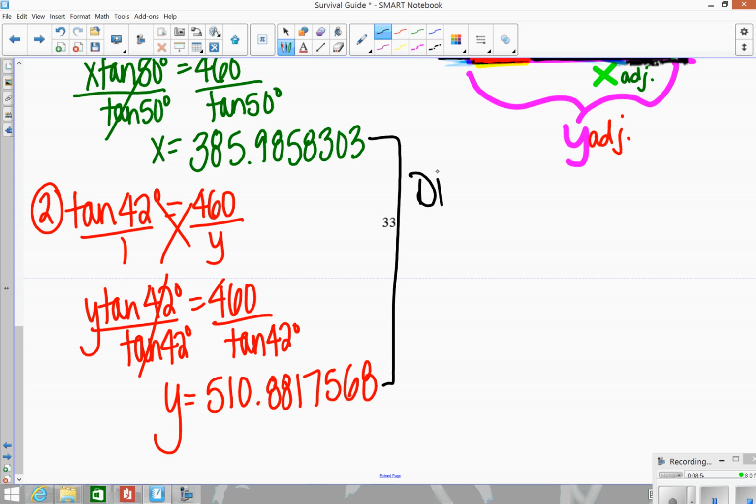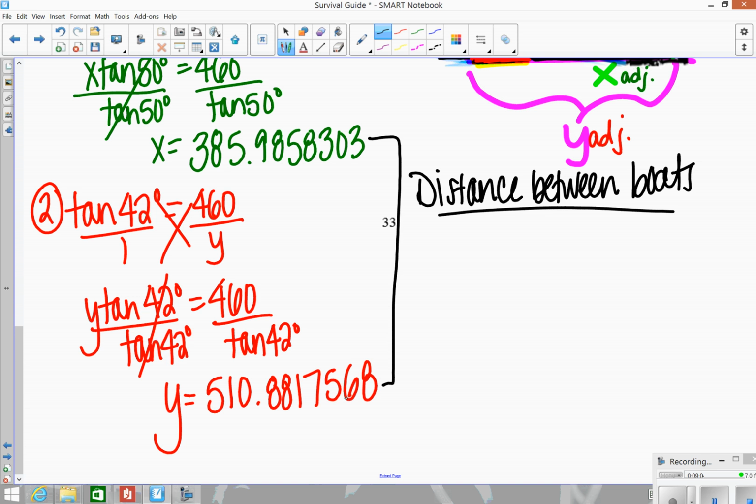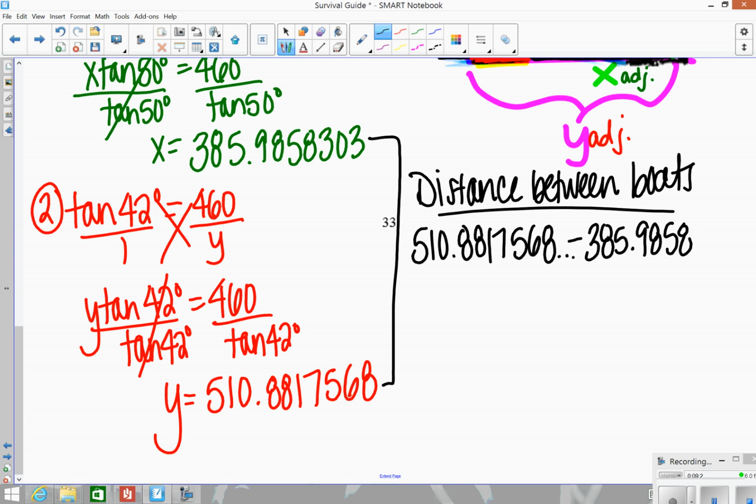So distance between boats will be y, which is 510, and remember you're using this exact answer, keeping all the decimals. You don't want to round too soon. So really I'm using that exact number from the calculator, minus 385.9858303.